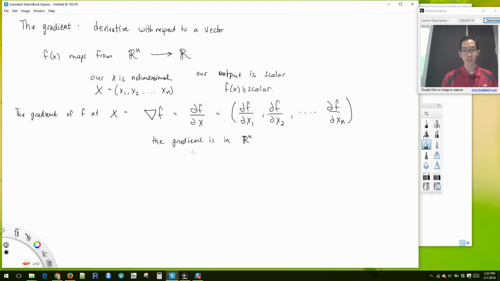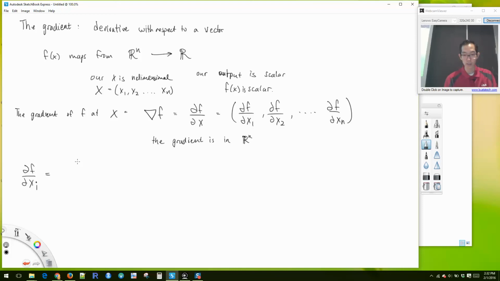For any one of these terms, let's say we want to find df dx2, or the partial derivative of that.